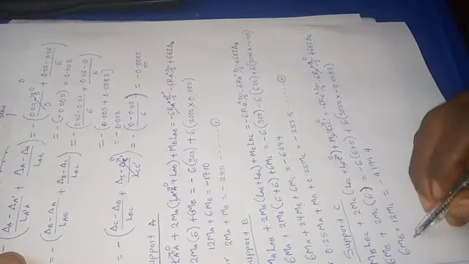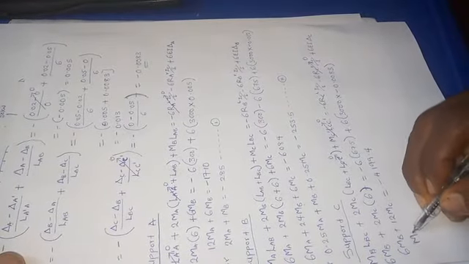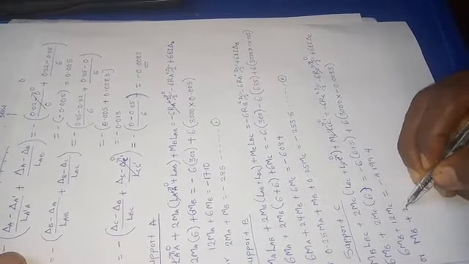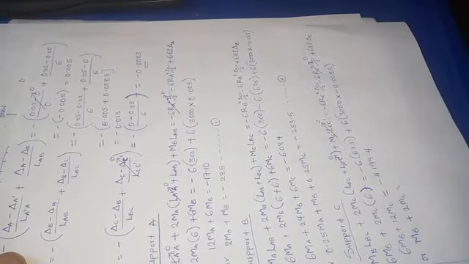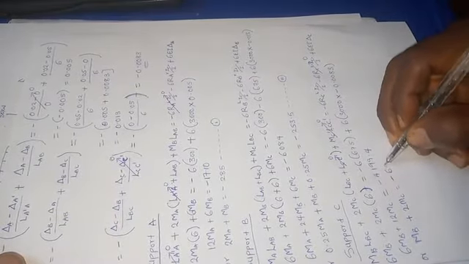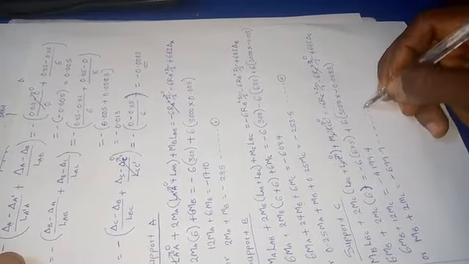Reducing everything with 6, I'm having that my moment at B plus 12 divided by 6, which gives 2 MC, equal to 4199.4 divided by 6, which gives minus 699.9. So this is my equation 3.